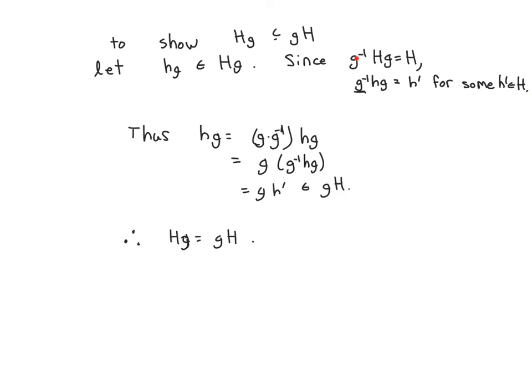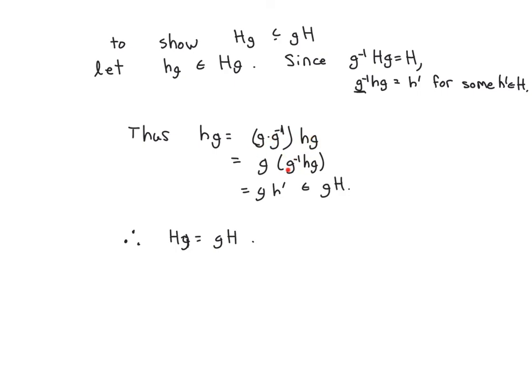Well, since g inverse capital H g is equal to H, that means if I multiply this thing by g inverse, that is an element in this set, which is equal to this set, so this conjugate has to be equal to h prime for some h prime in H. Well, let's use that fact. h g is equal to g g inverse times h g.